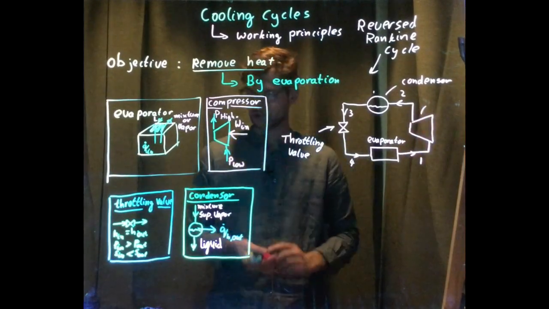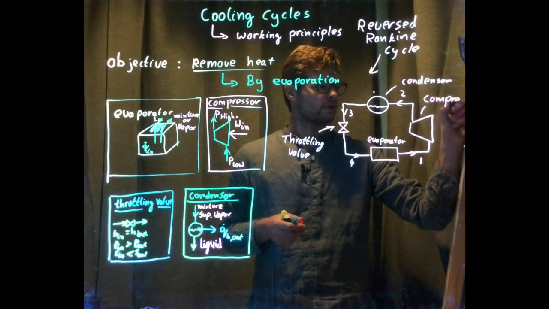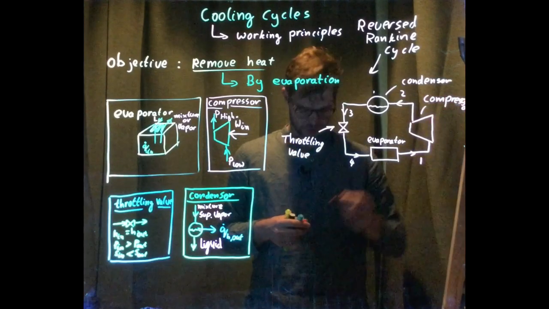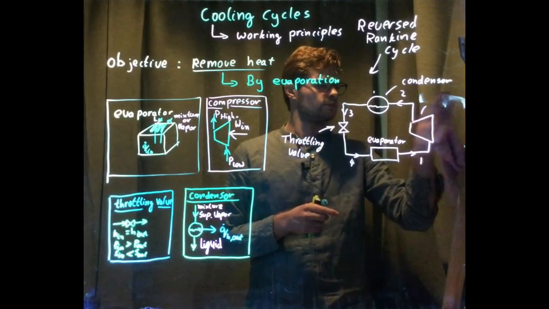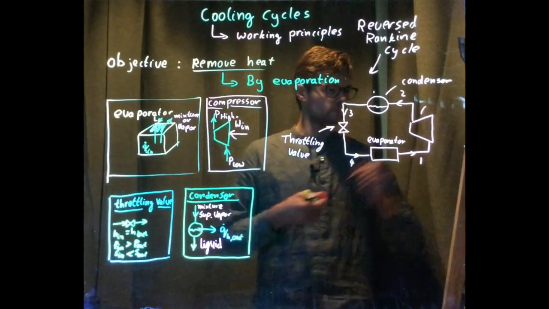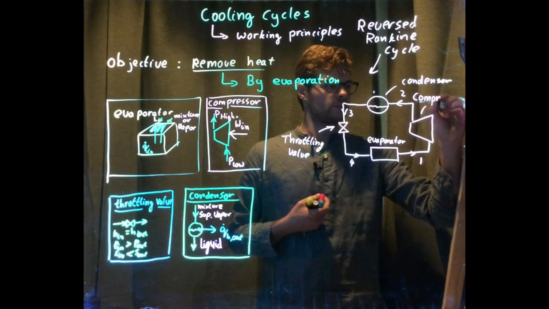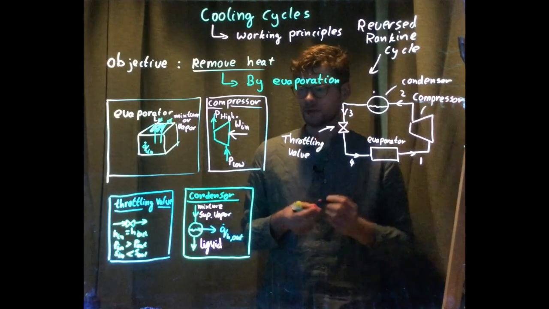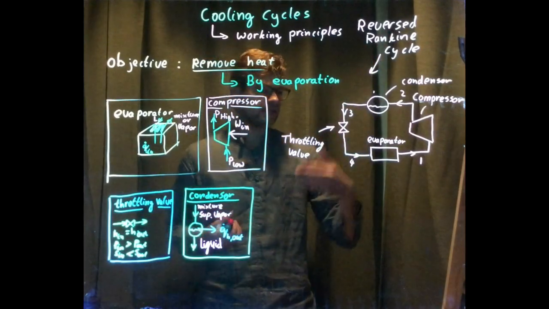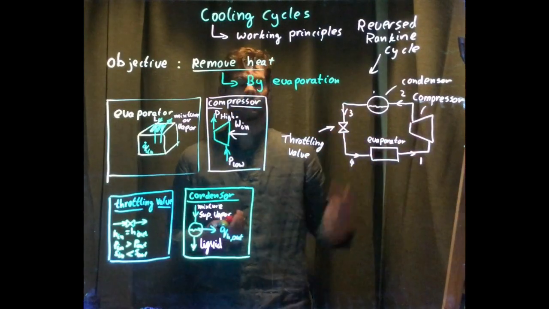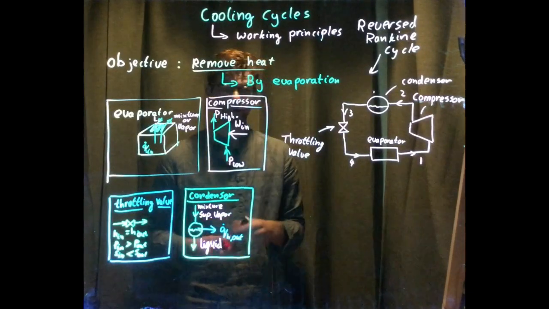This should be my compressor. So there's a compressor over here. So we call this the reverse Rankine cycle, since the flow goes in the reverse direction. And as you may see, there's no turbine over here, but a throttling valve to lower the pressure.